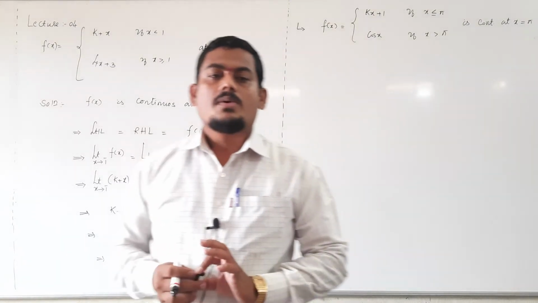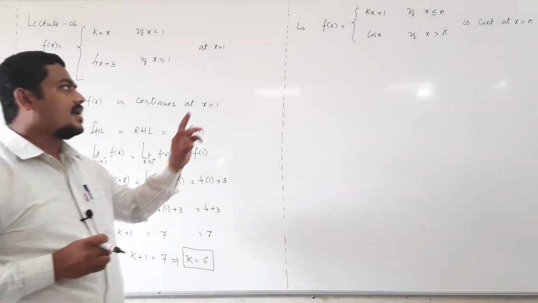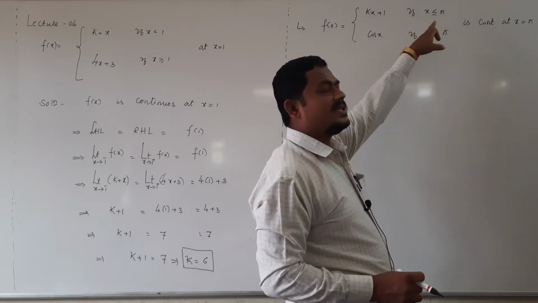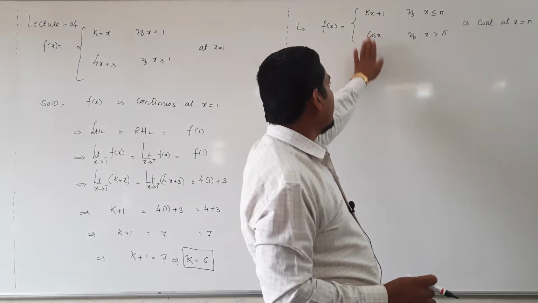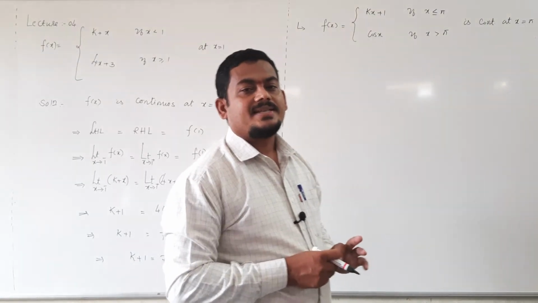Once again, the question: find the values of k so that the function f of x equal to kx plus 1 if x value is less than or equal to pi, cos x if x value is greater than pi, is continuous at x equal to pi.